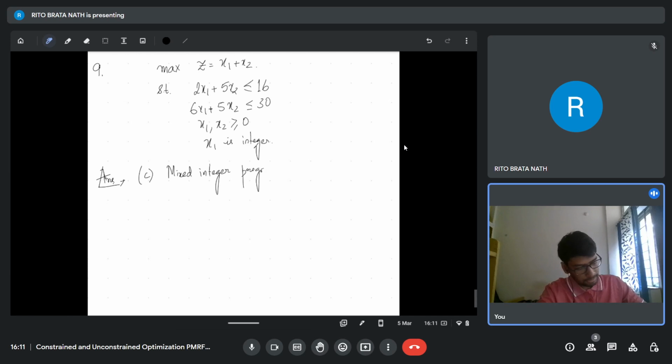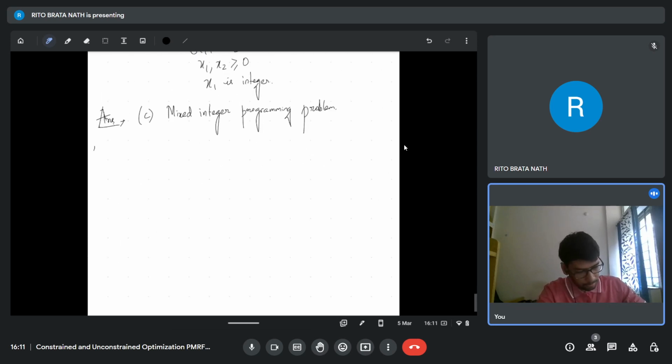So that's pretty straightforward. And finally, what you have is the 10th problem. You have to solve this, right? You can again solve it using some branch and bound technique and so on. The solution now is pretty simple.